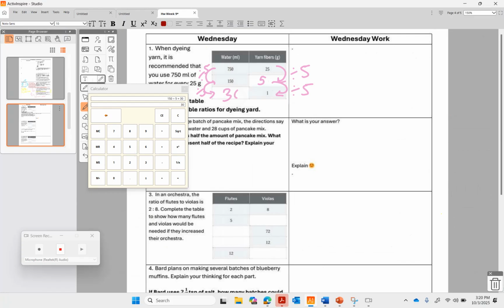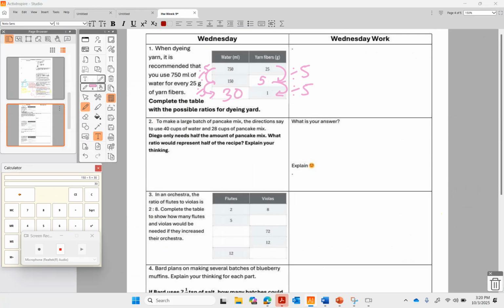That's Wednesday's. Tuesday's. To make a large batch of pancake mix, the directions say to use 40 cups of water, 28 mix. He only needs half the amount of pancake mix. What ratio would represent half the recipe? So half is divided by 2. 28 divided by 2 is 14.